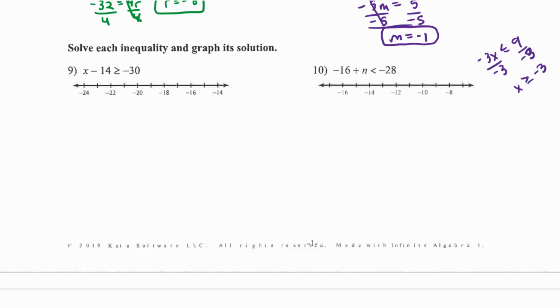The other thing is that we're solving, so we should end up with an inequality for our answer, but we're also supposed to graph, and so that means that we'll end up filling in on this number line either a closed circle or an open circle, and then shading to show which way our answers are. So if I have x minus 14 is greater than or equal to -30, I'm going to start by adding 14 to both sides. And that's exactly what I would do if this was equals instead.